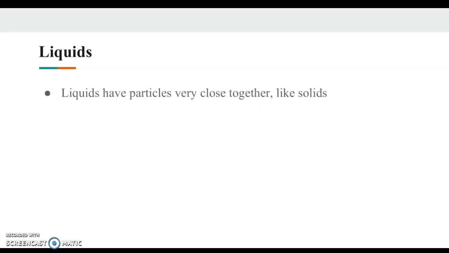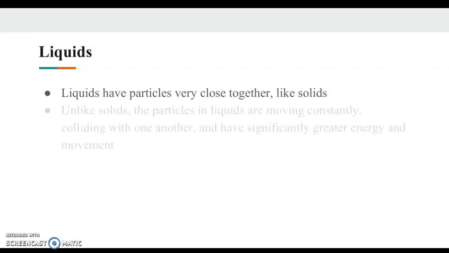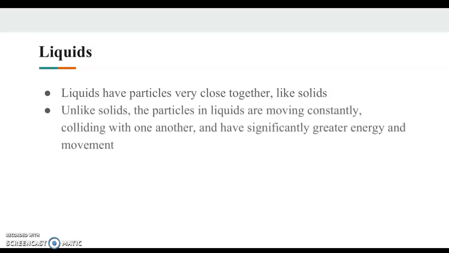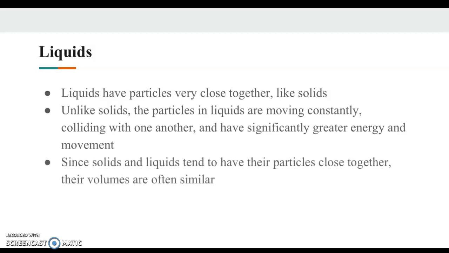Liquids. Liquids still have particles very close together like a solid. Unlike solids, these particles are moving constantly and they're colliding with one another. They do have greater energy and therefore greater movement, which is seen with their particles sliding past each other. And since solids and liquids tend to have their particles pretty close together, their volumes are often pretty similar.